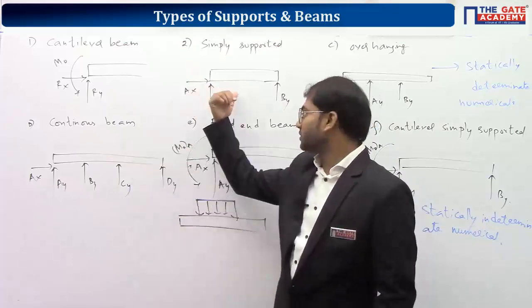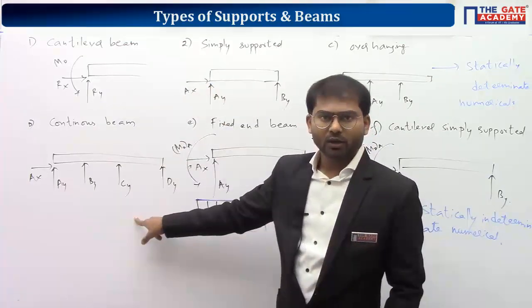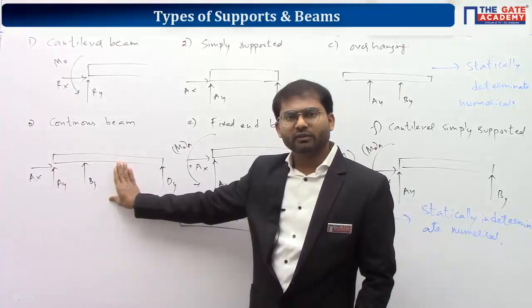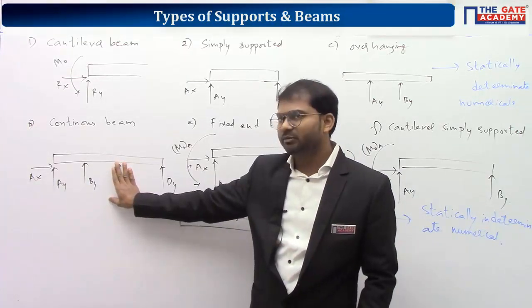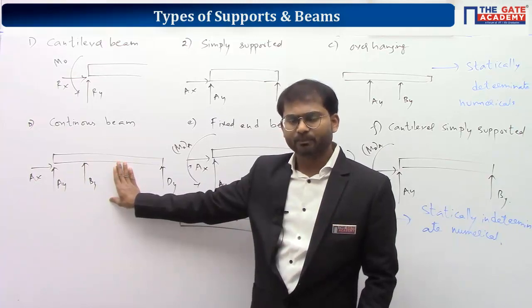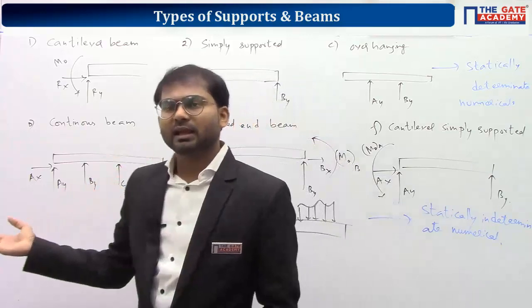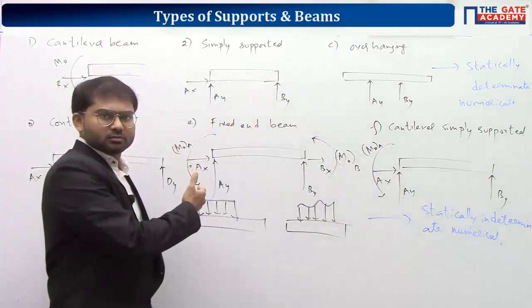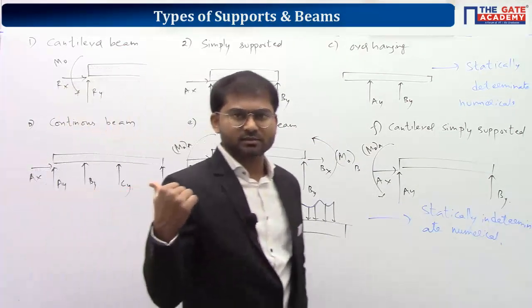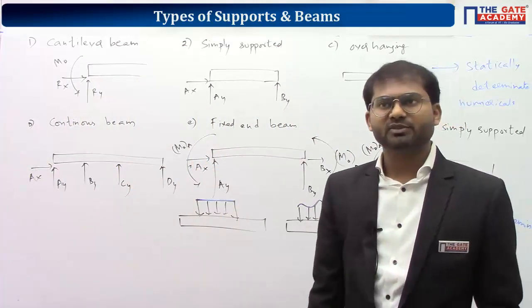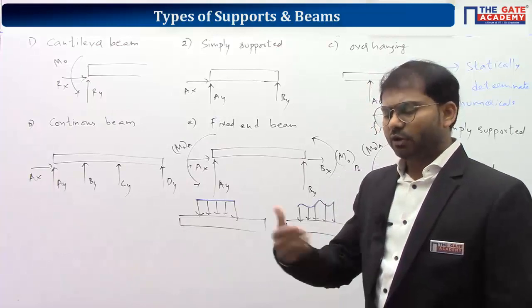To make it different, we should have more than 1 roller. If you have a scenario like this, only 2 rollers and 1 hinge, it's statically determinate only, and we can take it as continuous as well. Anything beyond this you will learn in structural analysis, because continuous beams come under statically indeterminate beams. Anyways, we'll go ahead into our concept.